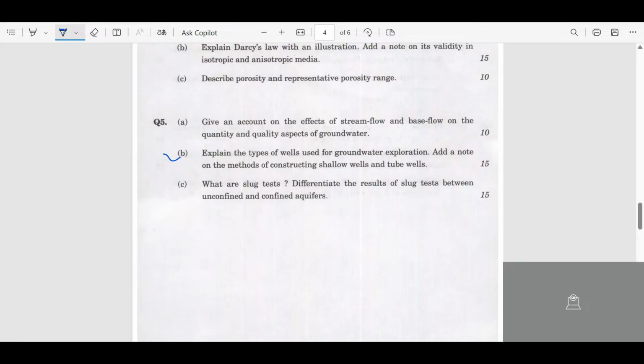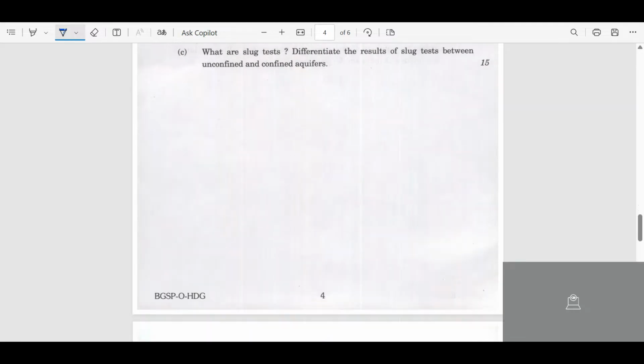So you can quote as a case study what types of wells they were constructing and which construction led to this kind of immediate water scarcity.